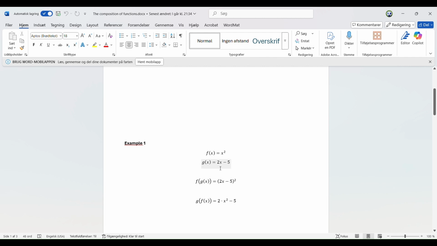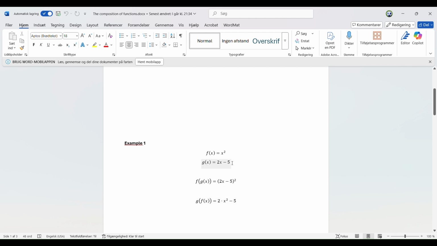Because we've got two terms here, we have to put 2x minus 5 inside of brackets before we square them. So f of g of x equals, start brackets, 2x minus 5, ending brackets, squared. So this is the one composition, and the second composition is the opposite. So f of x this time is the inner function and g is the outer function.